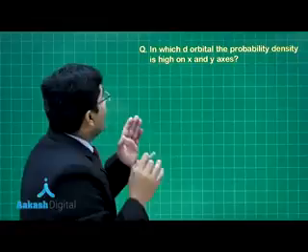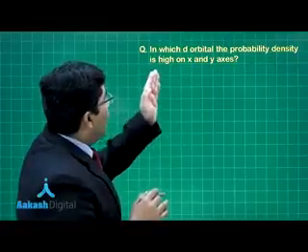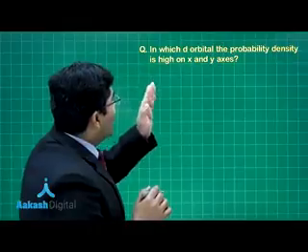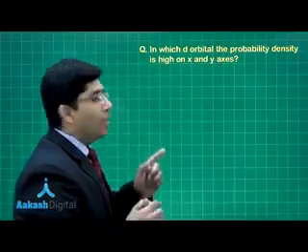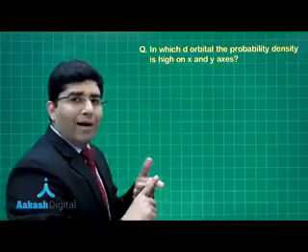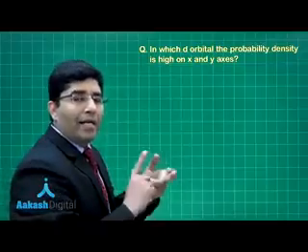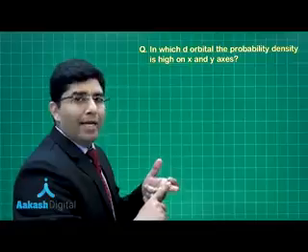Now in this question he is asking, in which d orbital the probability density is high on the x and the y axis. Now there are 5 d orbitals: dxy, dyz, dzx, dx square minus y square and dz square.